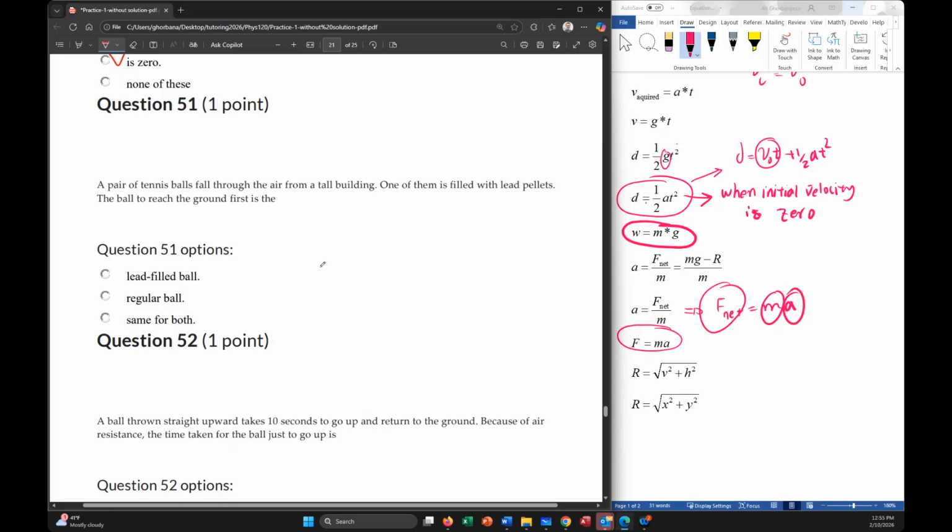Which one do you select? First I was going with lead, but your reaction makes me think that's wrong. Okay. So, air resistance, then I would say it's the same.